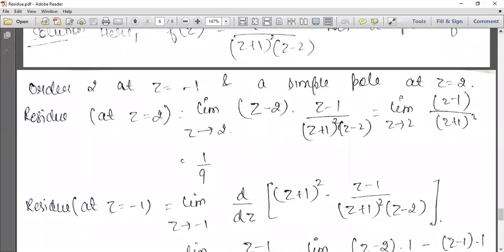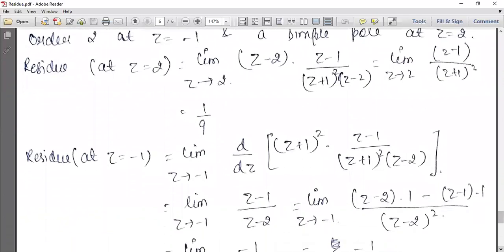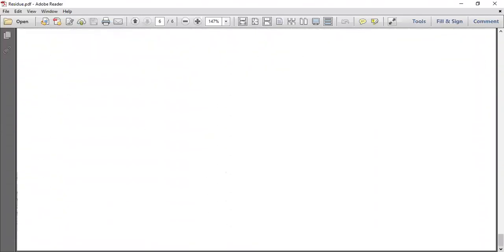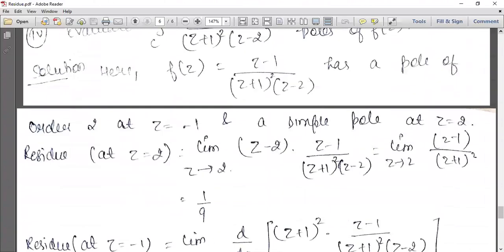So this was all about residues and the Cauchy residue theorem. You can use the Cauchy residue theorem when you have a curve and a function which is analytic inside and on the curve. Outside the curve we are not concerned. So to solve a question using the Cauchy residue theorem, first find the poles and check the order of the poles, and then check which points are lying inside your contour and which are lying outside.